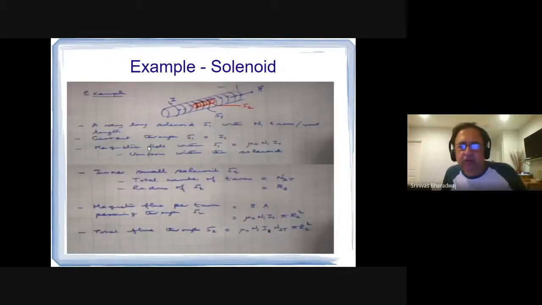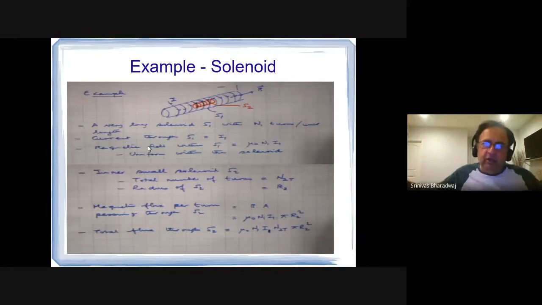Now why do you end up with two n's? Because there are n turns. A very long solenoid has n turns per unit length, so the magnetic field is decided by turns per unit length, but then the total flux is decided by the total number of turns.